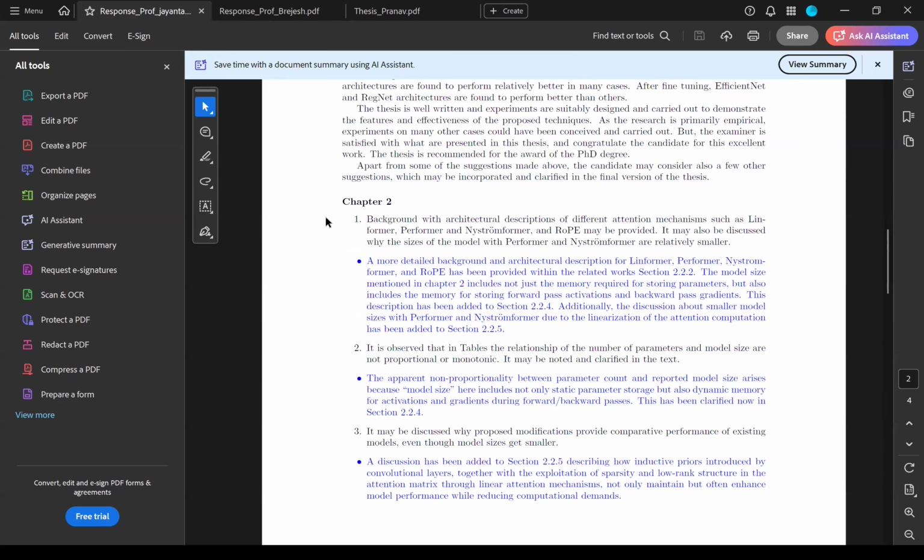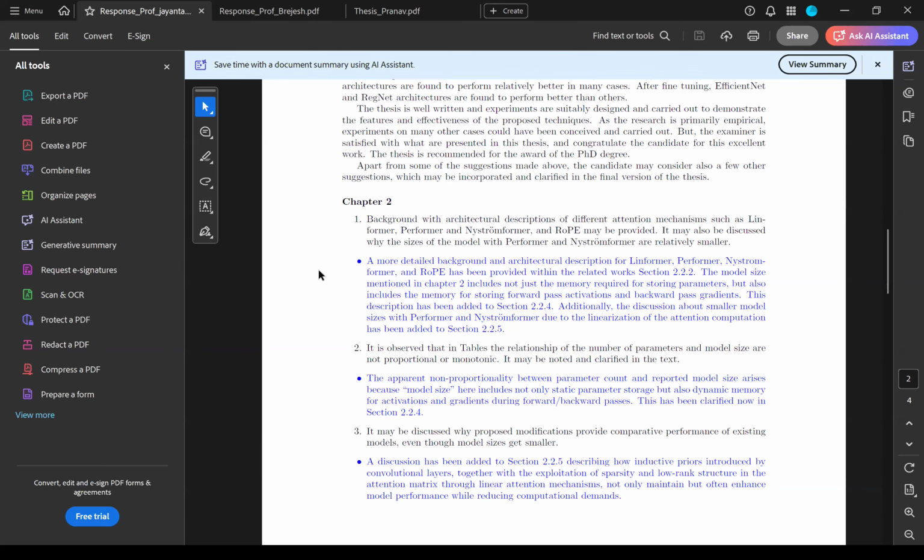Professor Jayanto, you had asked why the model sizes mentioned in the thesis were much higher than the actual parameter size, if we just compute the size of the parameters. Also, the relationship is not monotonic, what I observed. Yes, exactly. So I clarified that in the thesis. It is not just the parameter size of the saved model parameters. It is actually the full size of the forward pass, backward pass, gradient, everything.